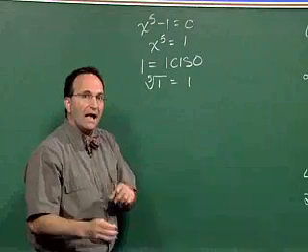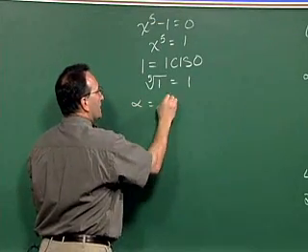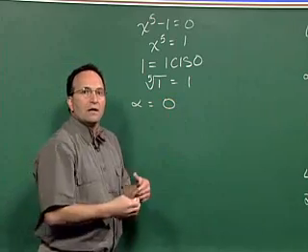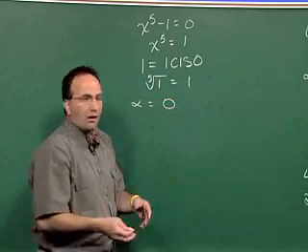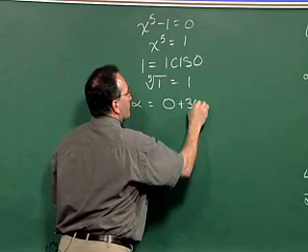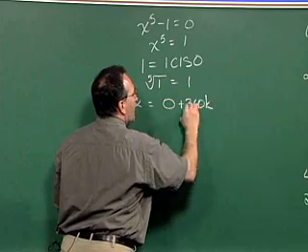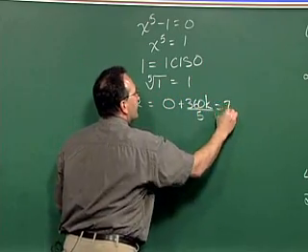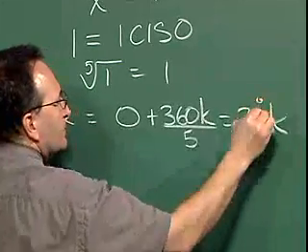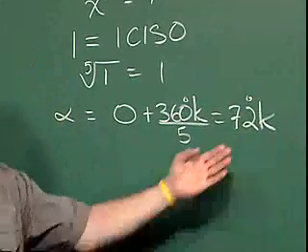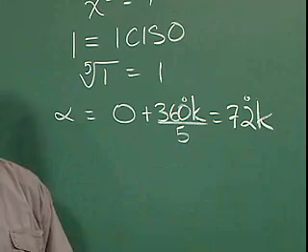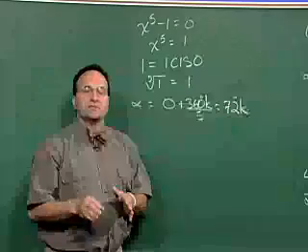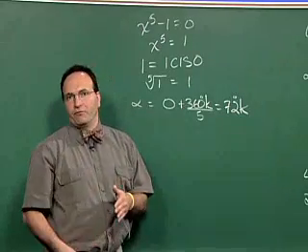Alpha, then, in this case would be 0 over 5, but that's just 0, right? Plus 360k over 5, which means it's just 72 degrees times k. And we have k equals 0, 1, 2, 3, and 4.